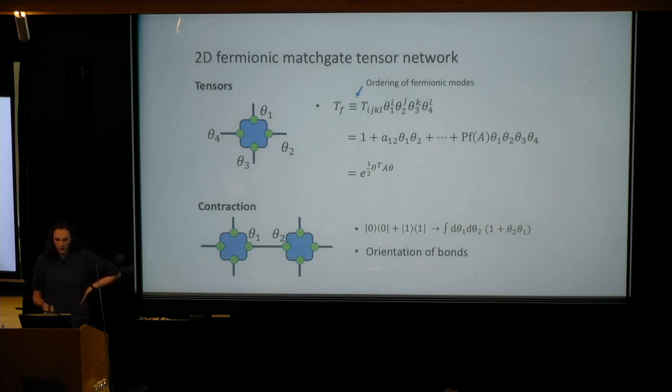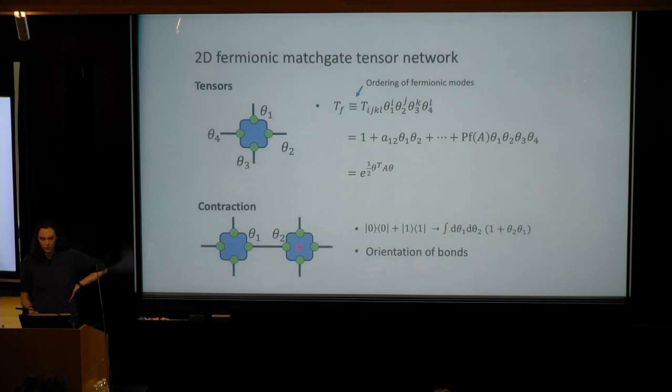Okay, so then the other thing that we need to do if we want to write down a fermionic version of our matchgate tensor network is to define what it means to contract two fermionic indices. So in a usual bosonic tensor network, what you want to do is you want to insert some identity between these open indices, or project onto a maximally entangled state.